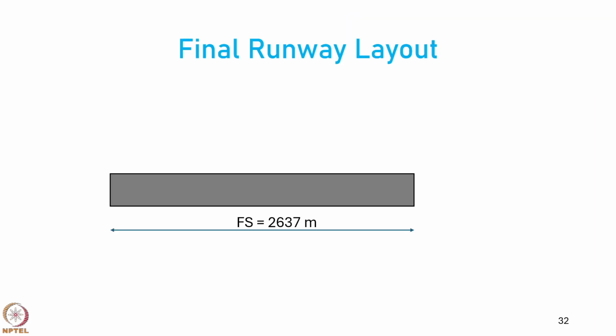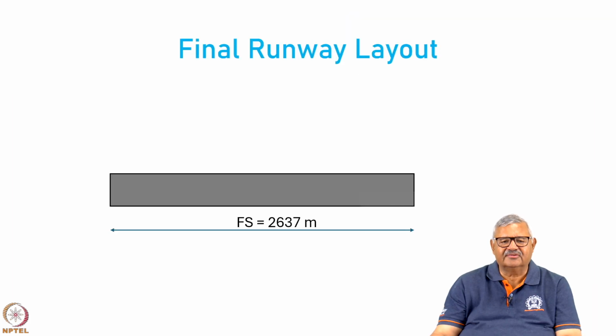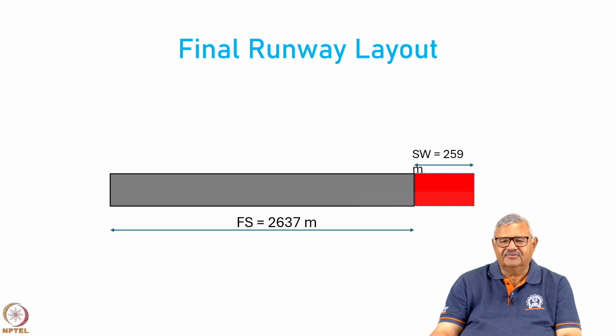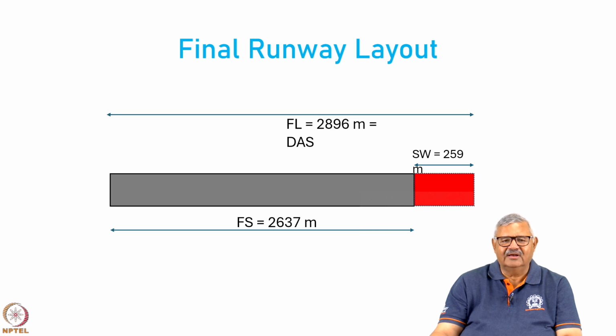So, this way we get the final runway layout. The full strength pavement in this case is 2637 meters, the stopway is 259 meters and the field length, which is also equal to the accelerated stop distance, is 2896 meters. Now, in this example there is no clearway because the clearway length came out to be 0.